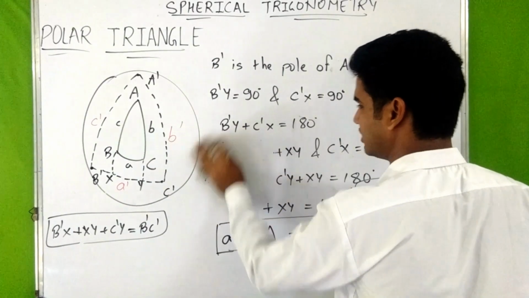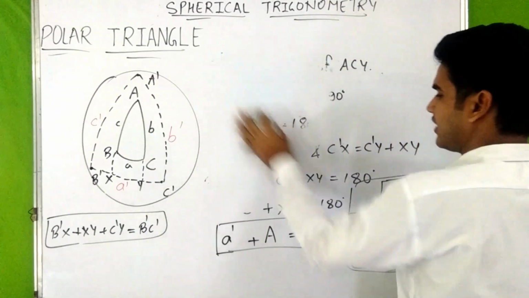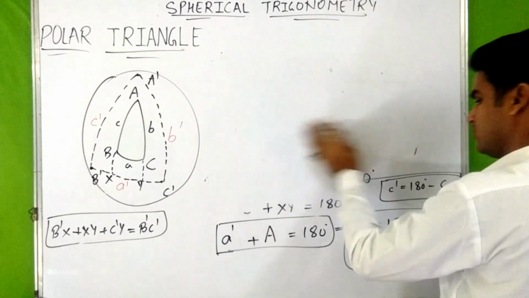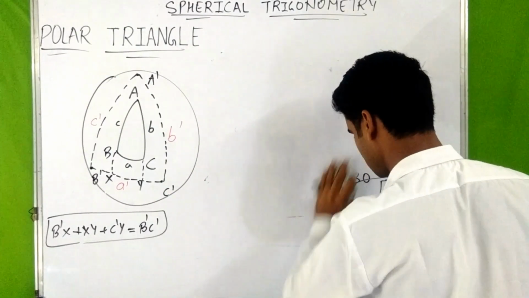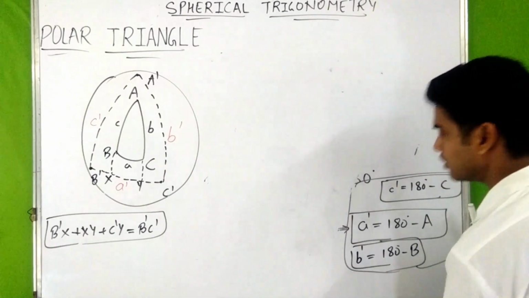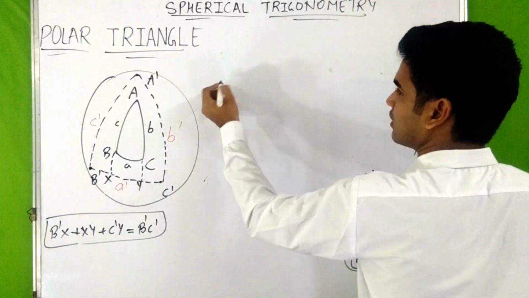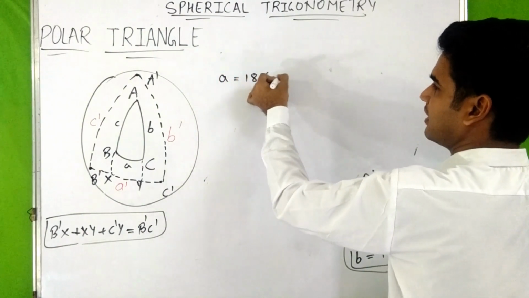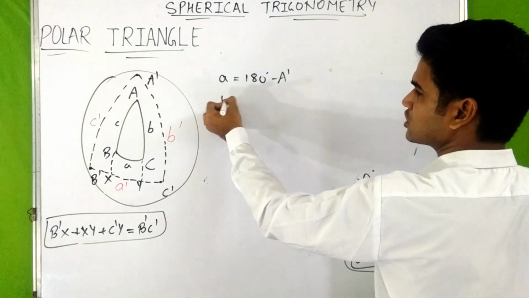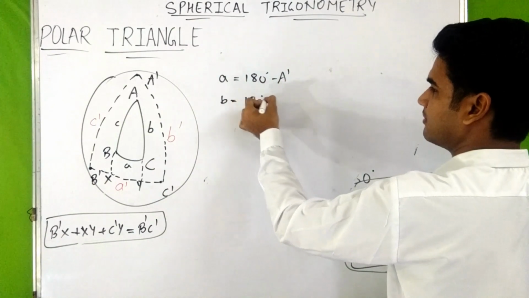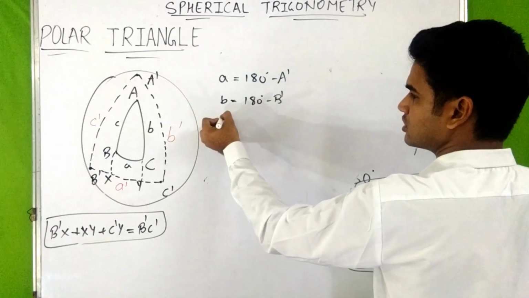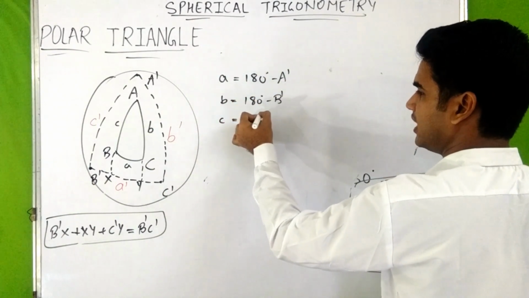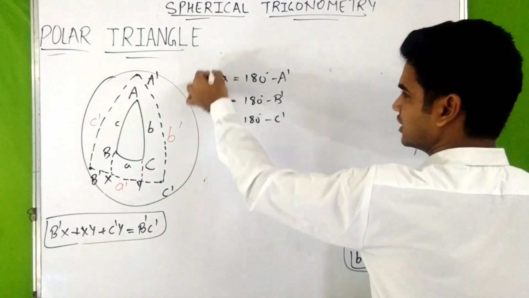And similarly like this, we can also derive small a is equals to 180 degree minus capital A dash, small b is equals to 180 degree minus capital B dash, and small c is equals to 180 degree minus capital C dash.